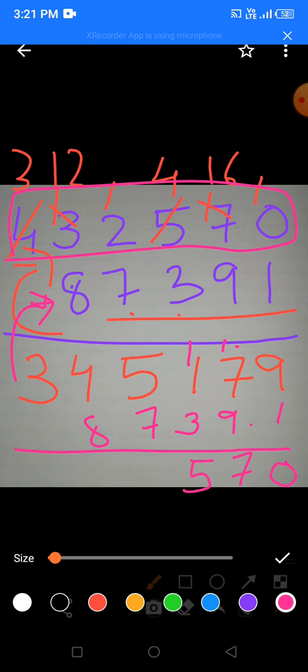Then we have 5 plus 7 will give you 12. So I'm writing here 2. Again I've carried 1. So 1 plus 4 will give you 5. 5 plus 8 is 13. Again I've carried 1. 1 plus 3 is 4. So this is the answer, 4,32,570.